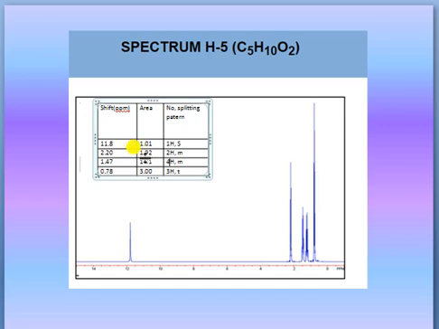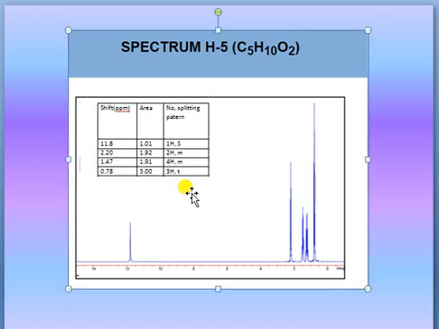See, 1.92, this is the carboxylic acid attached group. This came at 2.20. So a simple carbonyl comes at 2, but this is 2.20. And this is 0.78 due to the long chain.